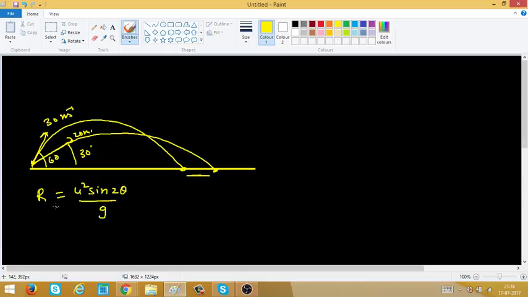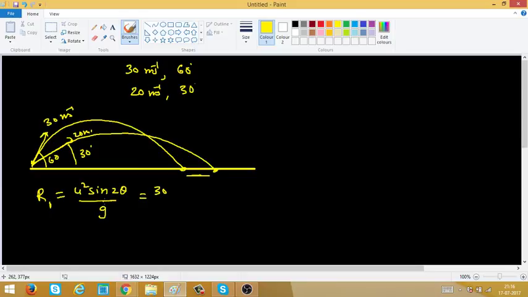So if I take it for R1, this is the first case. U is 30 meters per second, and the angle is 60 degree, and for the other, 20 meters per second, and the angle is 30 degree.